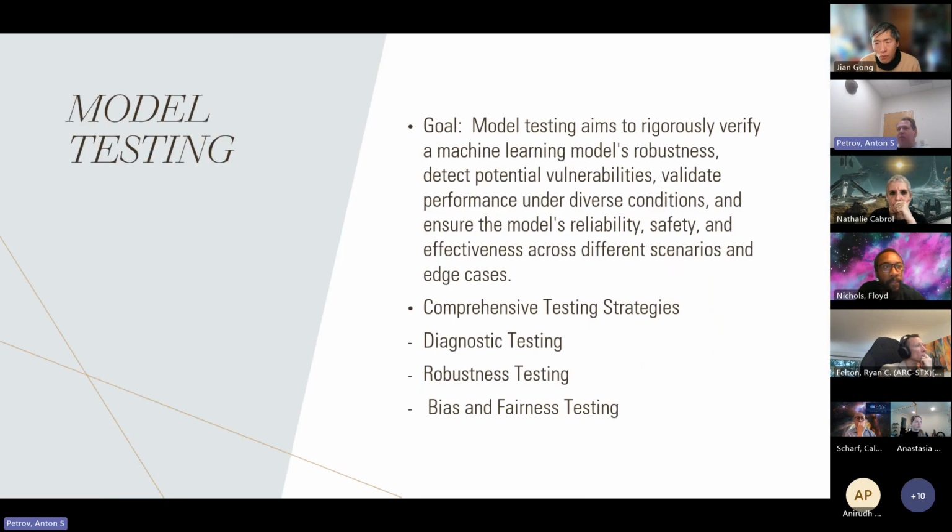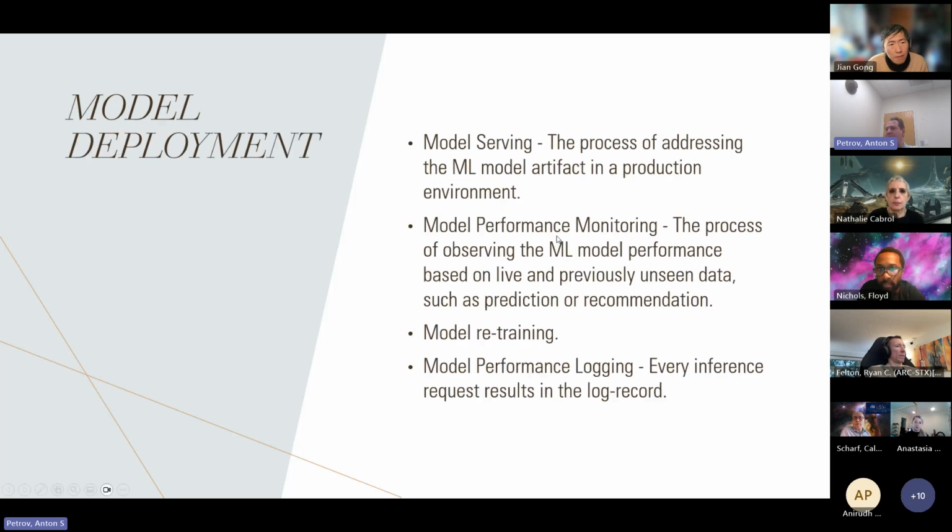And then once the model has been evaluated, the model will need to be tested. So the original data set is divided into two halves, so that there is some data for the training set, and then the second part of the data is used for testing. There are several strategies that have been applied, including comprehensive testing, diagnostic testing, and bias and fairness testing.